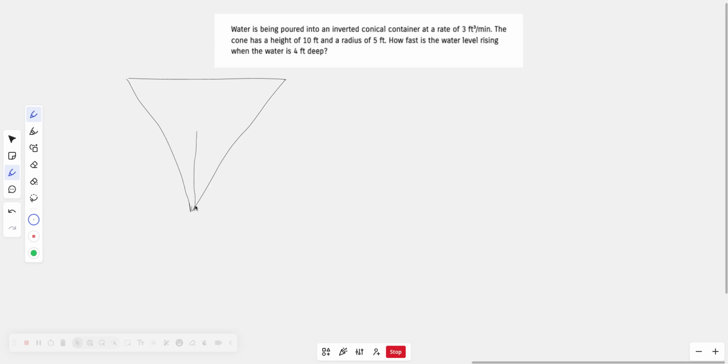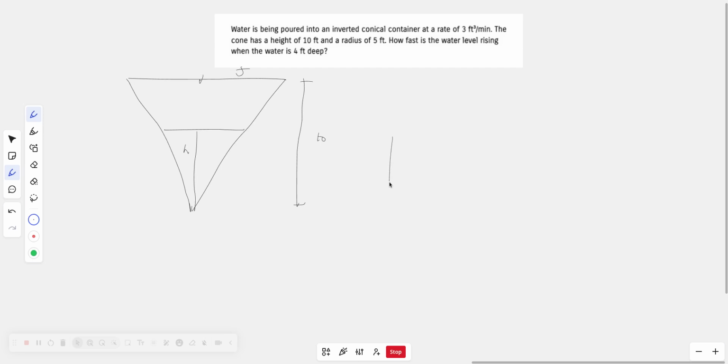So again, we're going to use a diagram to model the situation. So the water height is going to be h, and then the overall height is going to be 10, and the radius is going to be 5. So we have two similar triangles again. One smaller one over here created with the water height and the cone, and one is going to be the total cone size.